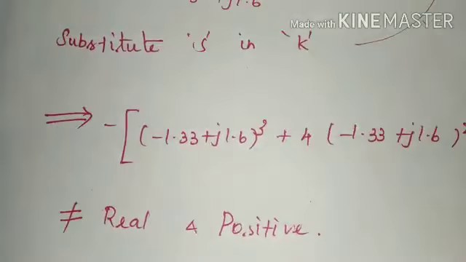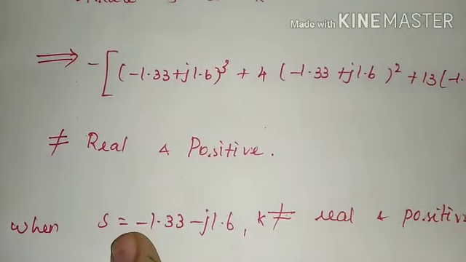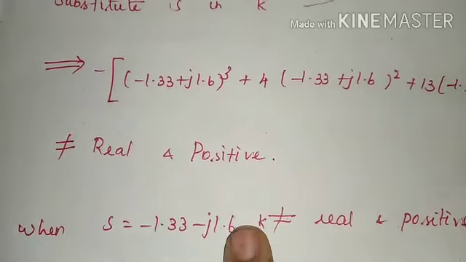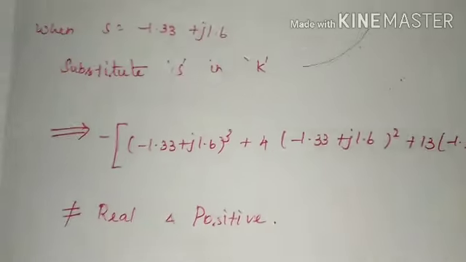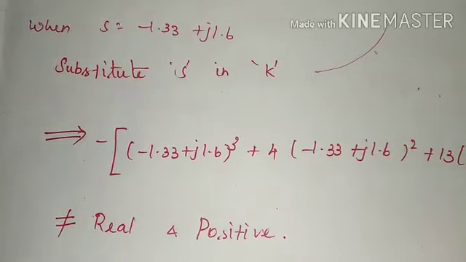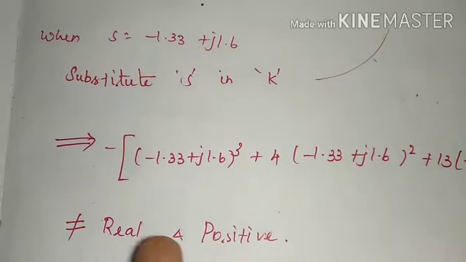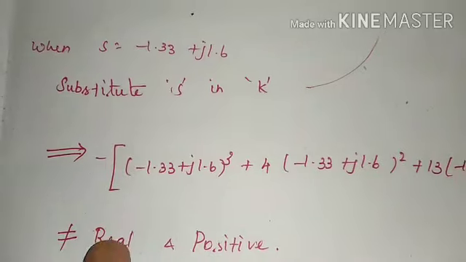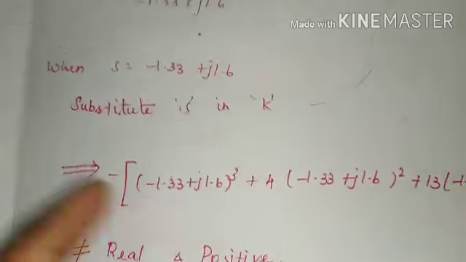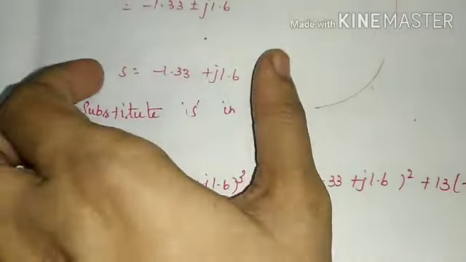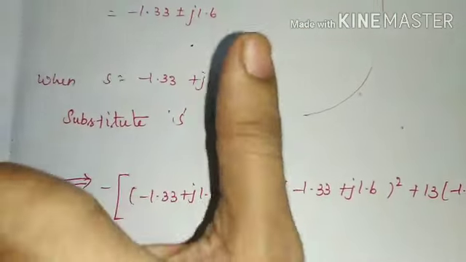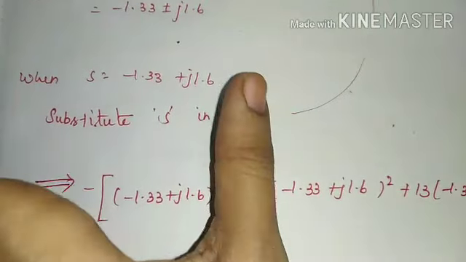In our next step, we will select minus 1.33 minus j1.6. See, the main condition to find a breakaway and break-in point is that this k value should be real and positive. If this k value is real and positive, then we can select this s value as the actual breakaway point.